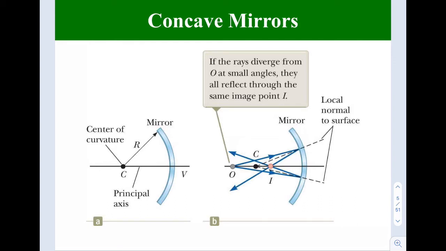And we have a center of curvature C, and a radius of the imaginary sphere. We have the principal axis, and point V here is the center of the mirror. If we consider a point object from C, what will happen?